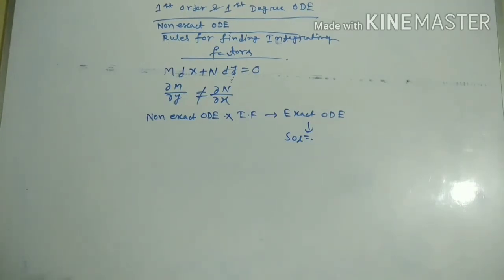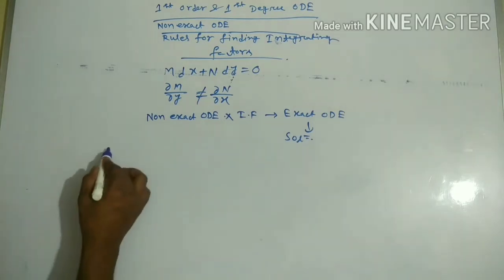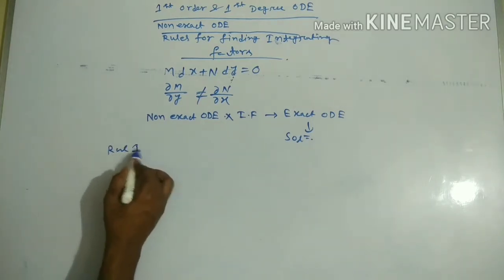Now, how to find integrating factors? There are several rules for finding integrating factors. Here I will discuss the rules for finding integrating factors one by one. So first, rule number 1.